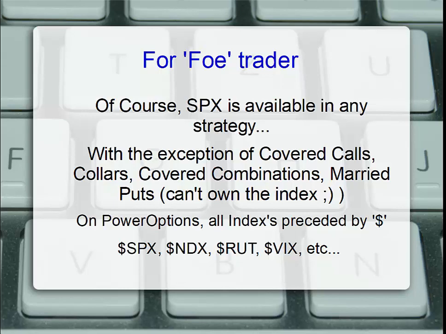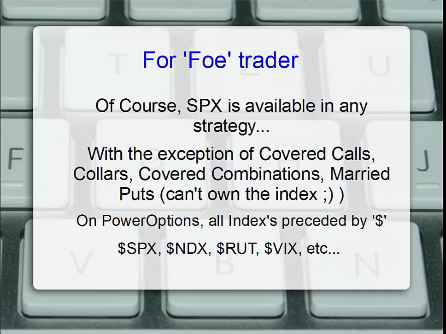Well, of course, SPX options, SPX is available to search for in any strategy, with the exception of covered calls, because we can't buy the underlying index, which naturally also rules out collars, covered combinations, where you buy stock, sell a call, and sell an out of the money put, and married puts, because we just can't own the index. Now, on PowerOptions, all indexes are preceded by a $ sign.